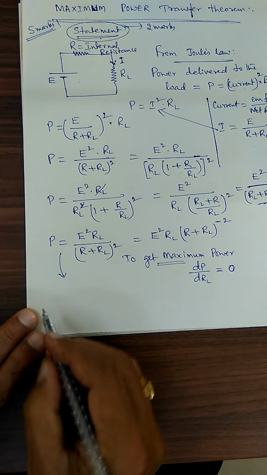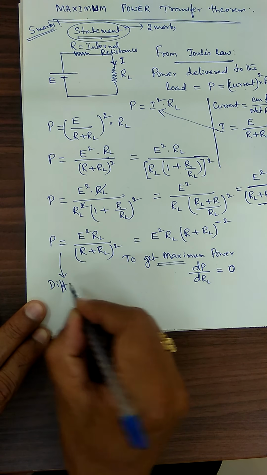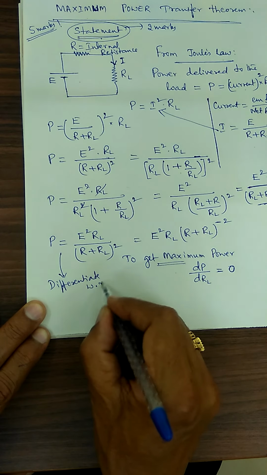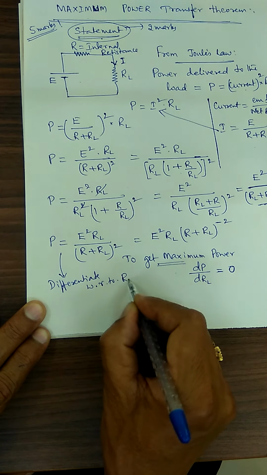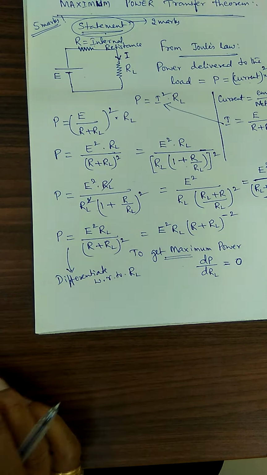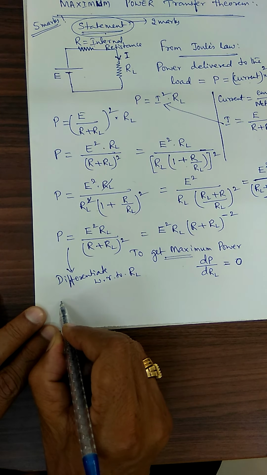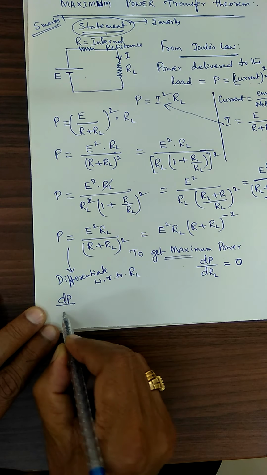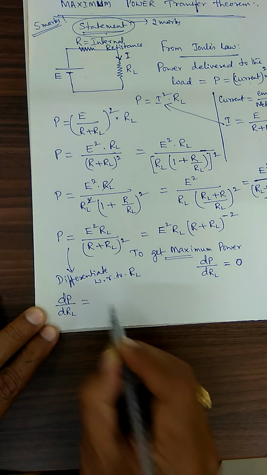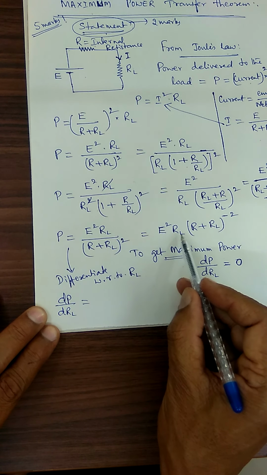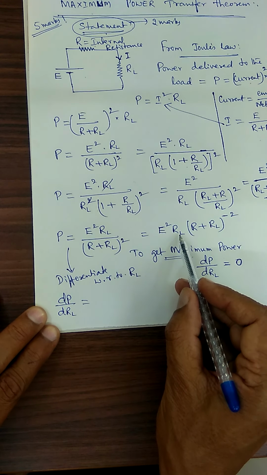Differentiate this with respect to RL. So therefore, dP divided by dRL is equal to, differentiate this. This will be easy to differentiate.